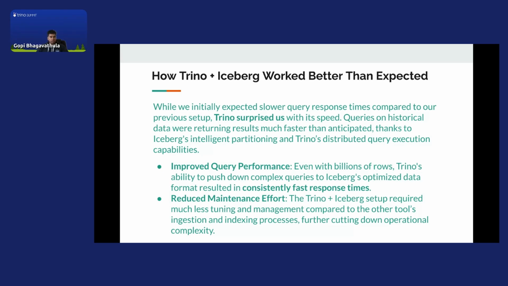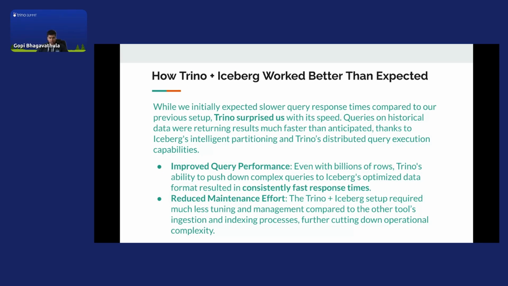We couldn't thank them enough, as we were able to almost achieve similar query performance, not exactly the same, with some lag, but we were able to do it. It improved query performance for us. Even with billions of rows, Trino's ability to push down complex queries to Iceberg's optimized data format resulted in consistently fast response times.